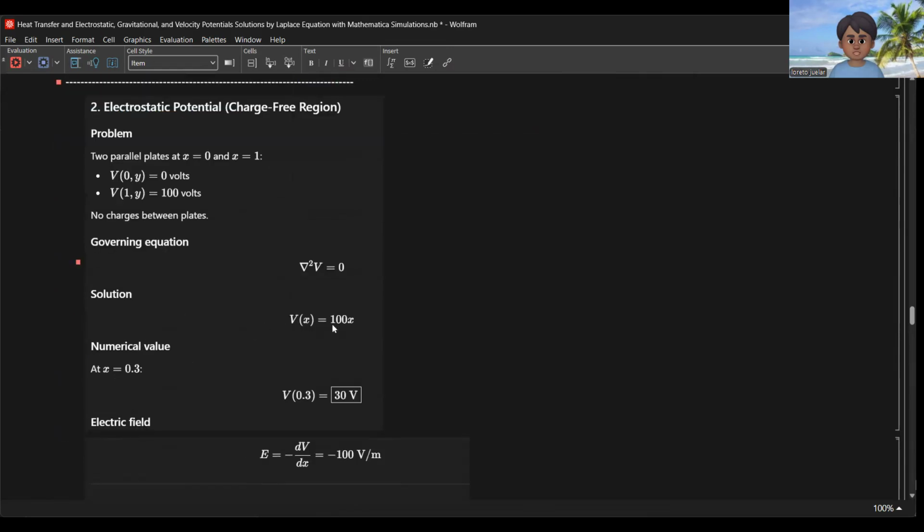So we have V of x equal to 100x. This is the solution. Numerical value, for example: if x equals 0.3, the potential is 30 volts. So the electric field here is negative 100.